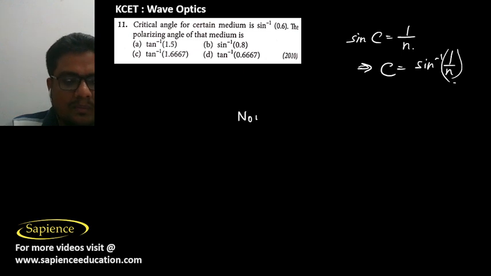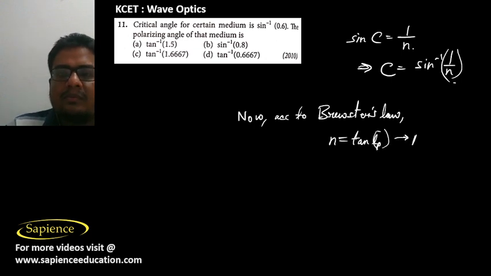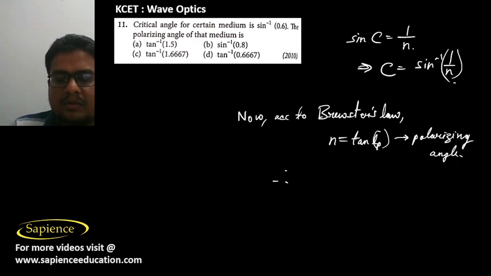Now according to Brewster's law, the refractive index n is equal to tan IP, where IP is called the polarizing angle. So here 1 by n is equal to 0.6, which is 3 by 5. So n is equal to 5 by 3.